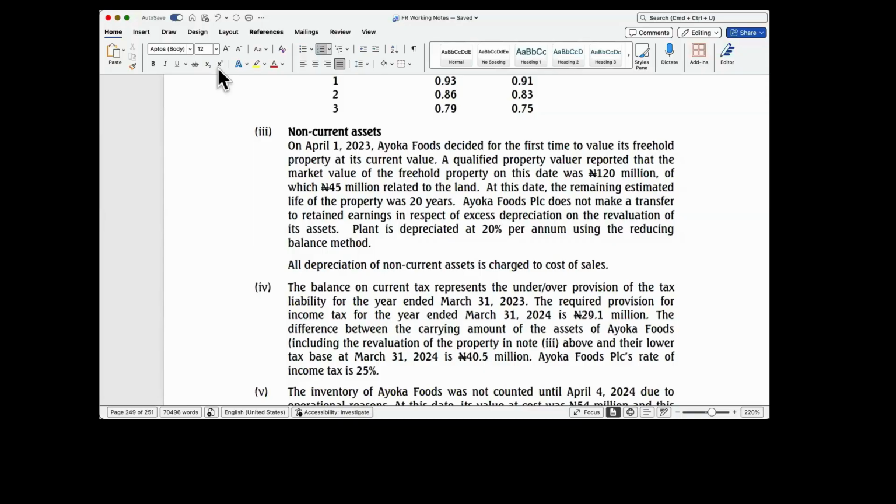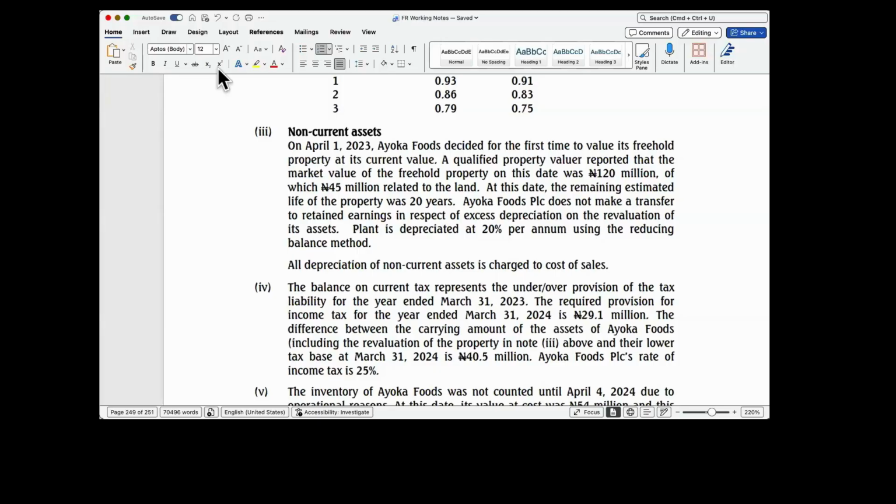Ayoka Foods PLC does not make a transfer to retained earnings in respect of excess depreciation on the revaluation of its asset. Plant is depreciated at 20% per annum using reducing balance method. All depreciation of non-current asset is charged to cost of sales.